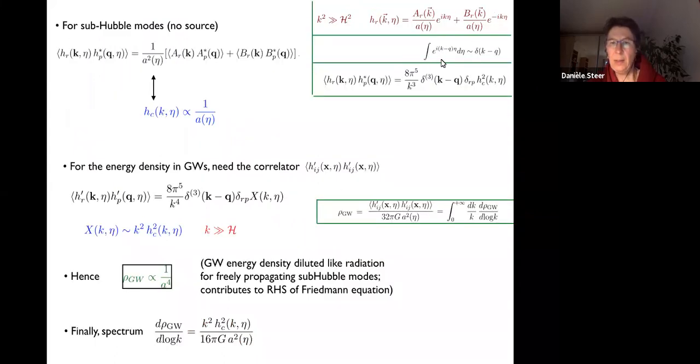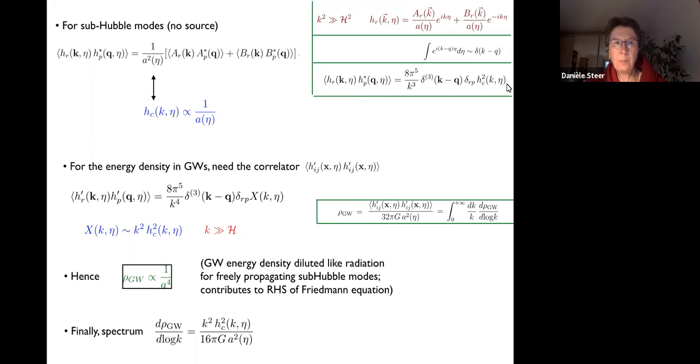Another useful thing is the fact that the integral of e to the i(k minus q) eta d eta is proportional to a delta function, which will be useful in a minute. And thirdly, I've just written again our definition of the equal-time correlator h_k h_p in terms of h_c.